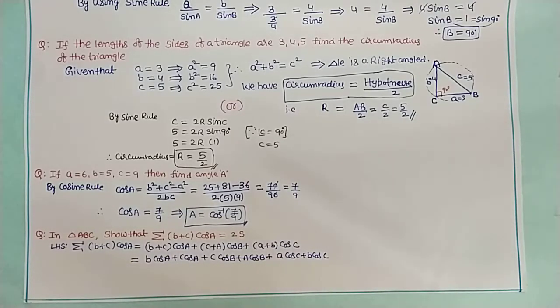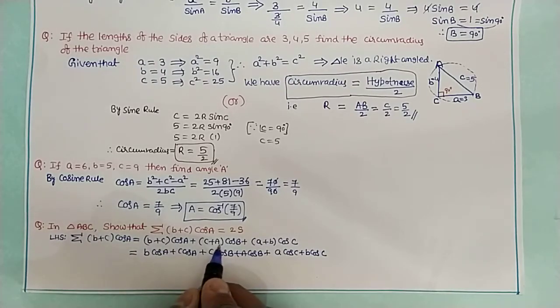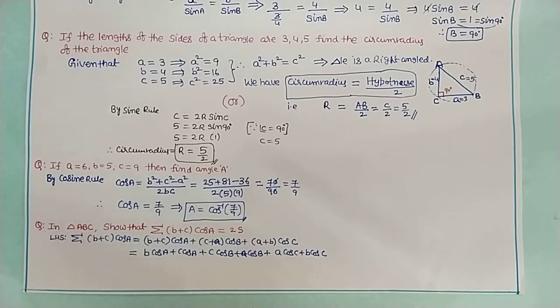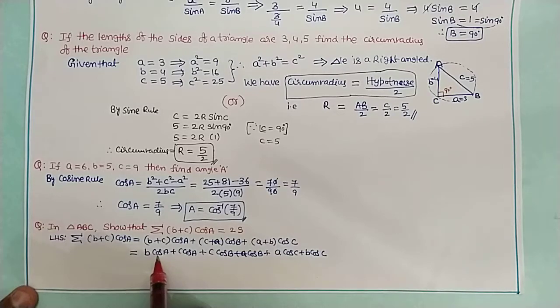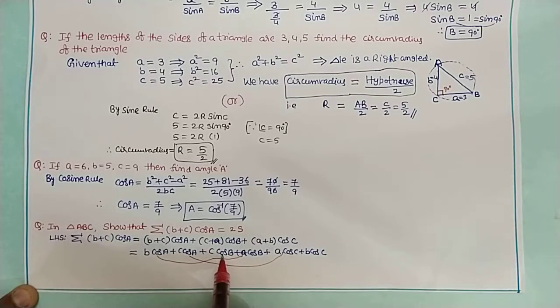After that, here b cos A and a cos B, from these two, after that these two, after that these two.